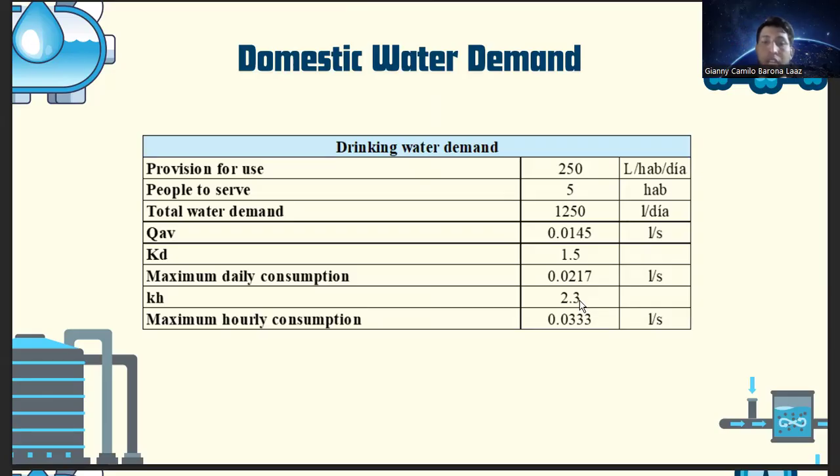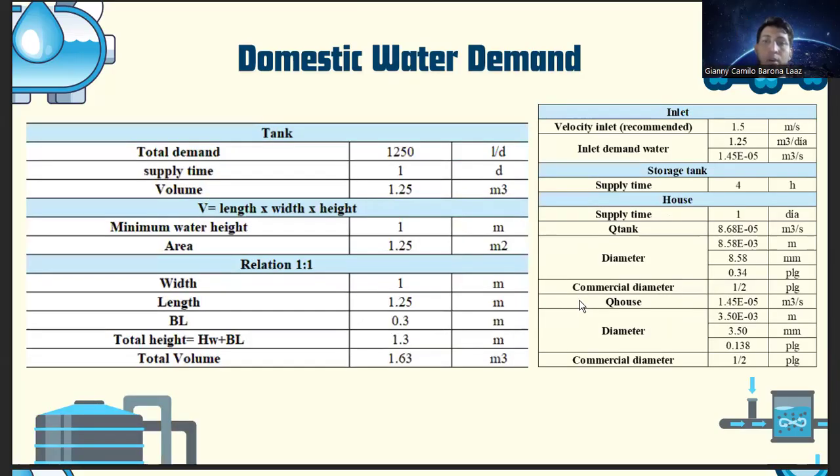The maximum daily consumption was 0.02 liters per second, and the maximum hourly consumption was 0.03 liters per second. We have some data.